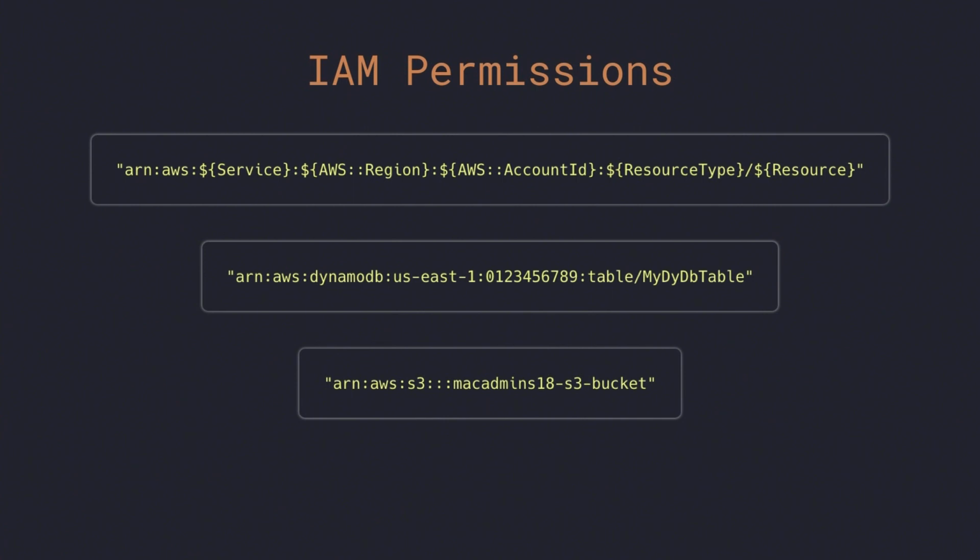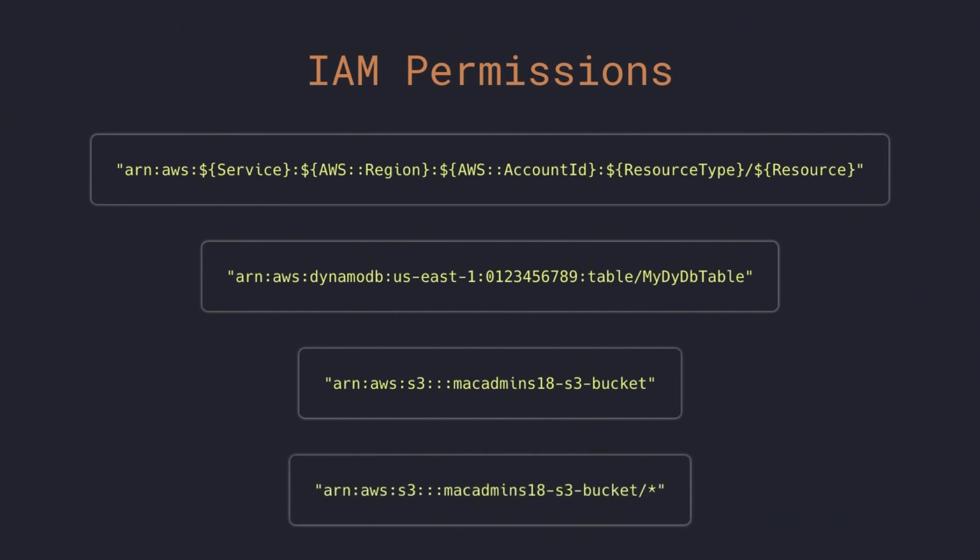After that S3 service, and those two blank fields where our region and account ID would be, we then have the name of our bucket. In this particular case, I just have the name of the bucket, which means this ARN is specifically for the bucket resource itself. If I want to do the contents, I then have to have that / and then the pathing out to either the star, the asterisk for all contents, or I could be more specific.